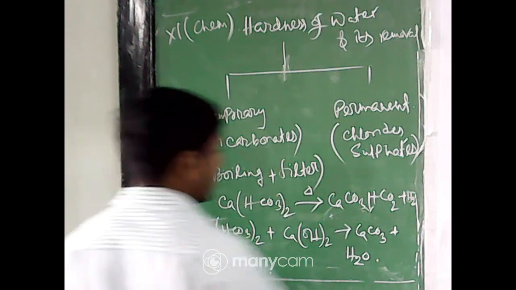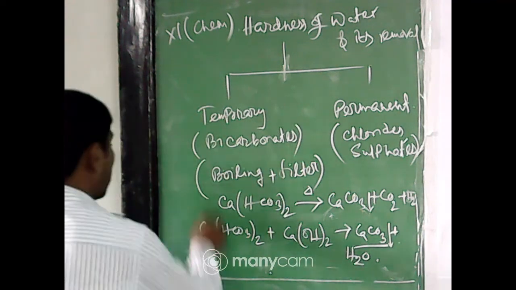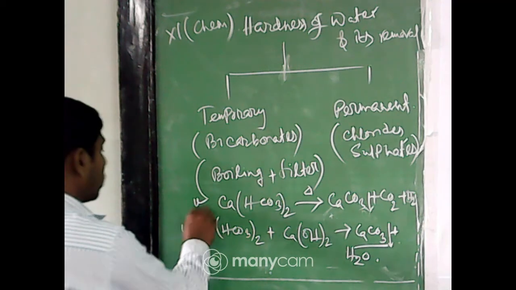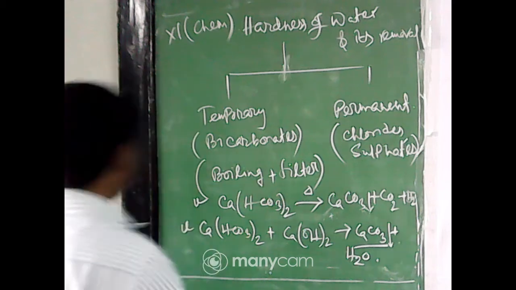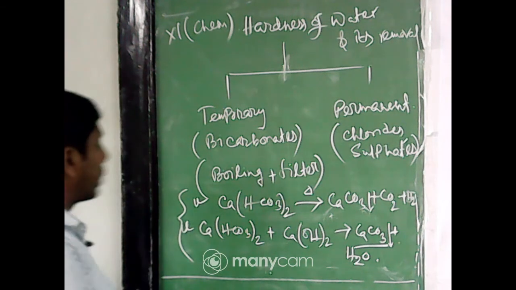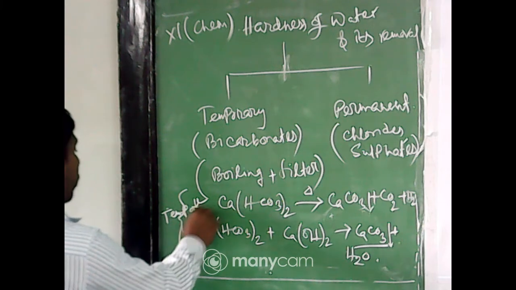Again the calcium carbonate is insoluble. So one method is boiling, the second is the reaction with slaked lime. These two processes are the removal of temporary hardness. Remember it.